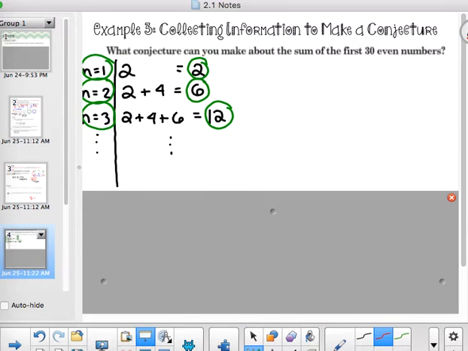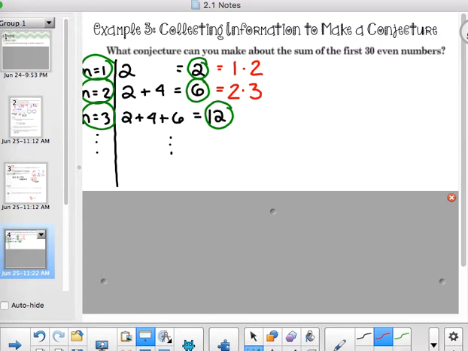Let's see. The first term has an n value of 1. Well, 1 times 2 gets me 2. The second term has an n value of 2. 2 times 3 gets me 6. So far I'm not seeing a ton of consistency here, but let's keep trying.